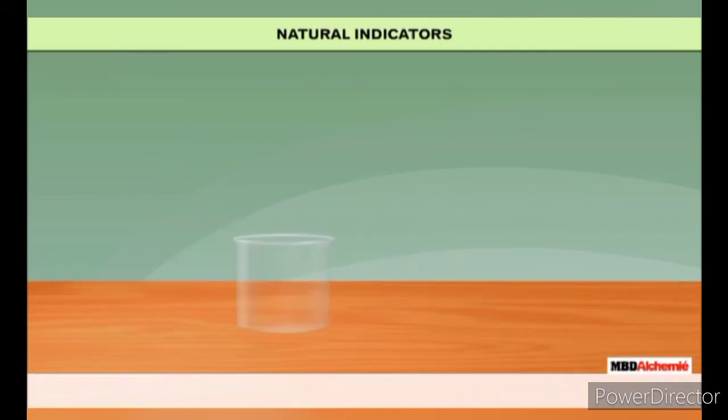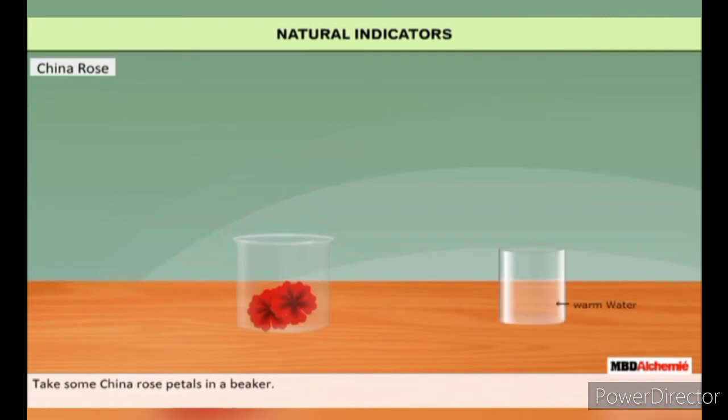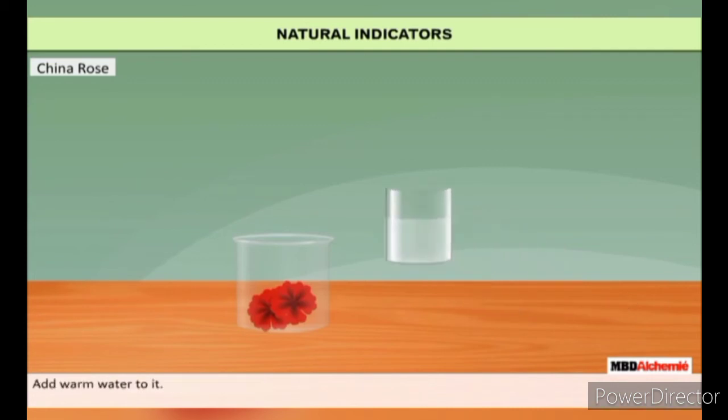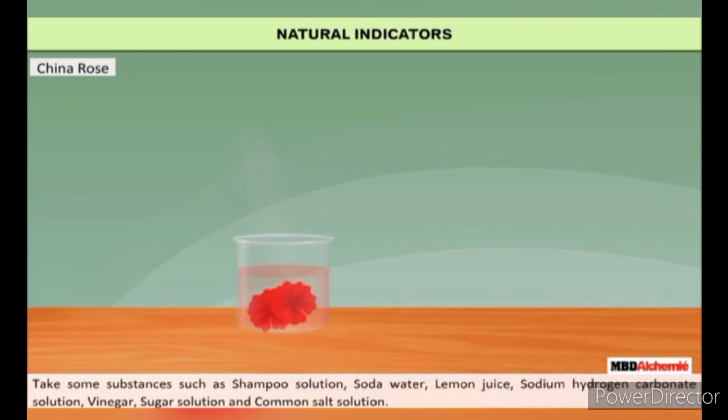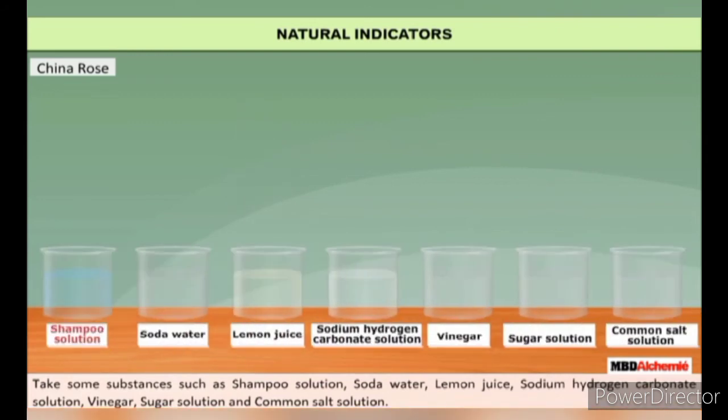Natural indicator. China rose. Take some China rose petals in a beaker. Add some warm water to it. Keep the mixture for some time till the water becomes colored. Take some substances such as shampoo solution, soda water, lemon juice, sodium hydrogen carbonate solution, vinegar, sugar solution, and common salt solution.